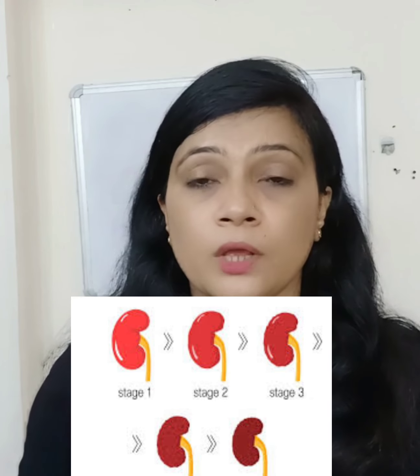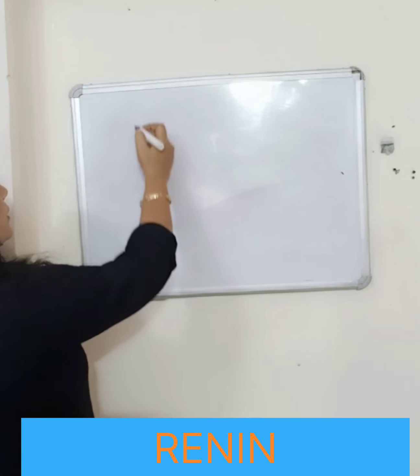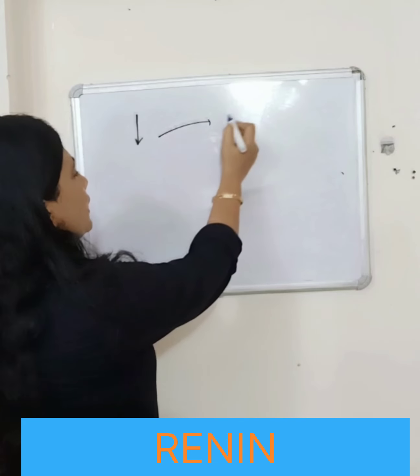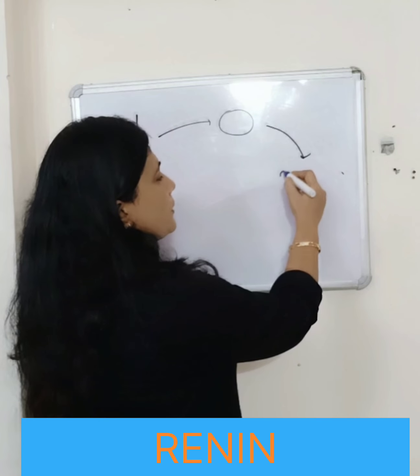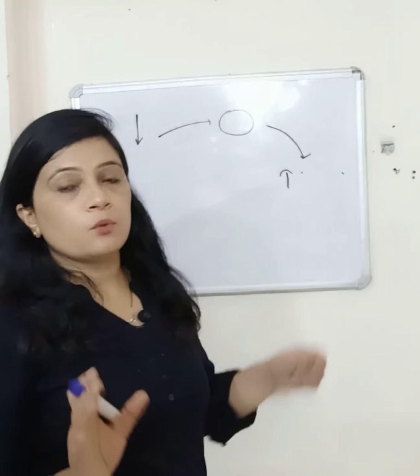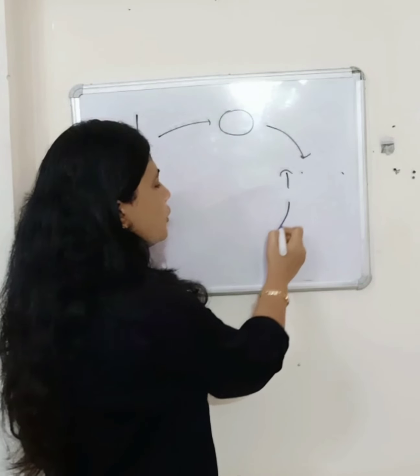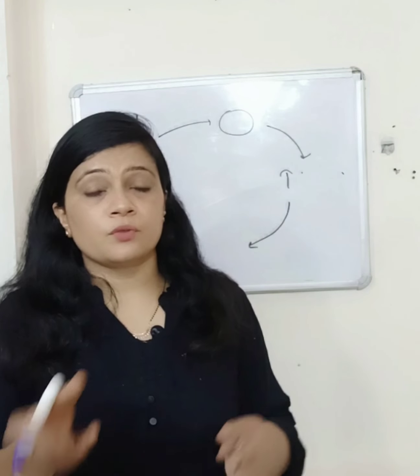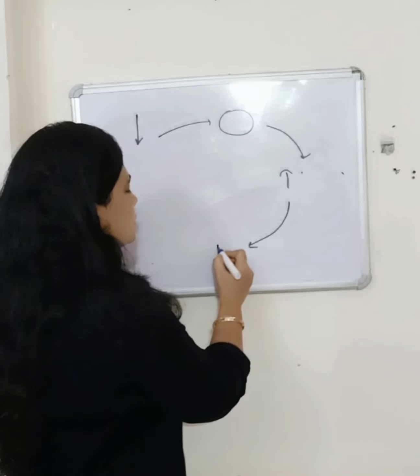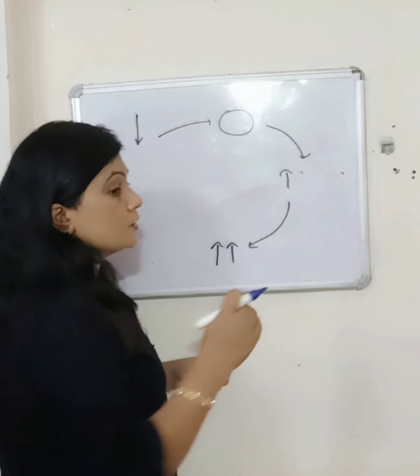Okay, now you know that the kidney produces one hormone, that is renin. Whenever there is decreased fluid in the body, the kidney produces renin, and when this hormone is produced, it increases the blood pressure. And in a kidney failure patient, hypertension is itself a cause of kidney failure. Now this condition doubles.